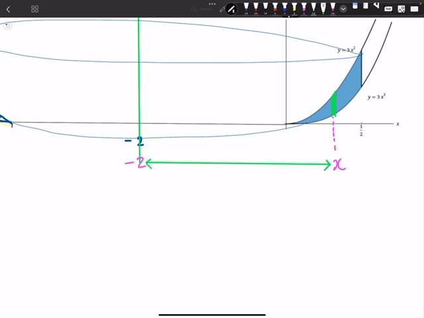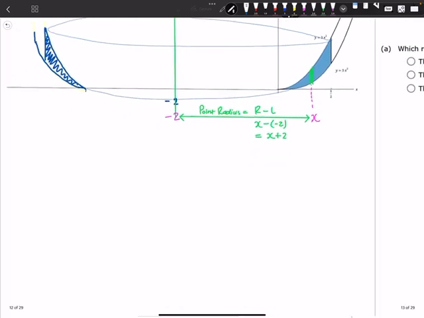And so in this case, the point radius is right minus left, so x minus negative 2, so this is equal to x plus 2. So let's set up that integral.